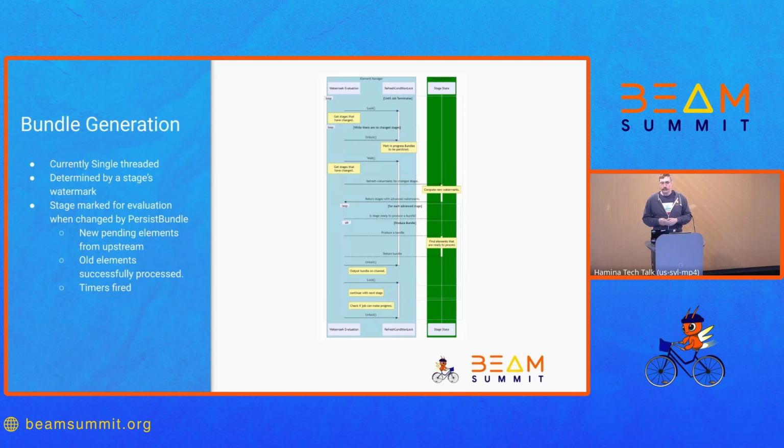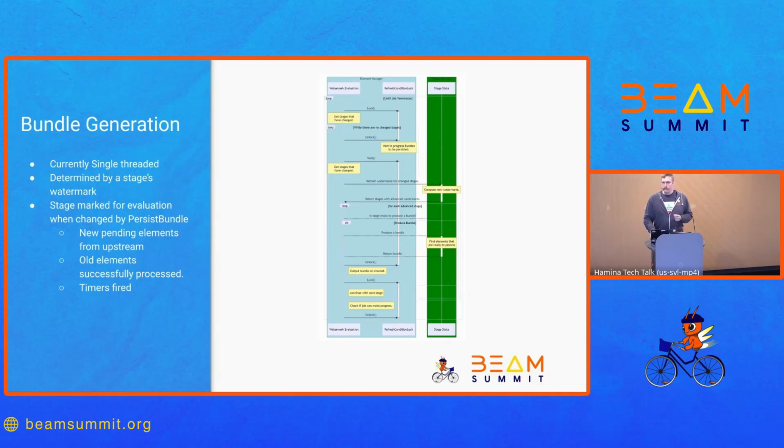Bundle generation in Prism is currently very single-threaded. There's a single Go routine that is checking to see which stages need updating, going through, checking each stage based on its state, and then seeing if that stage is able to produce any elements.